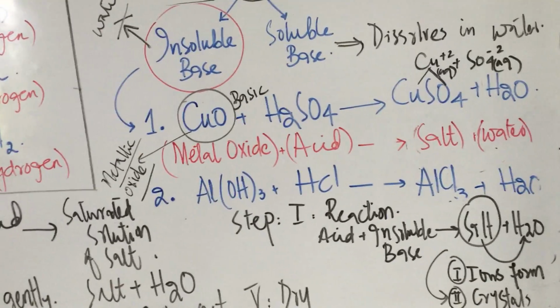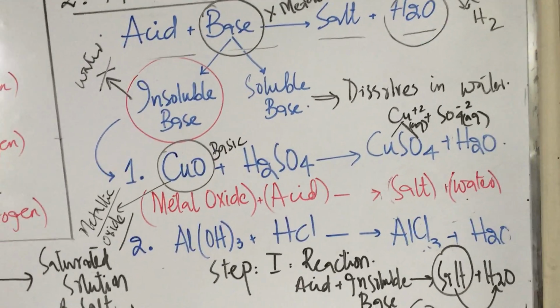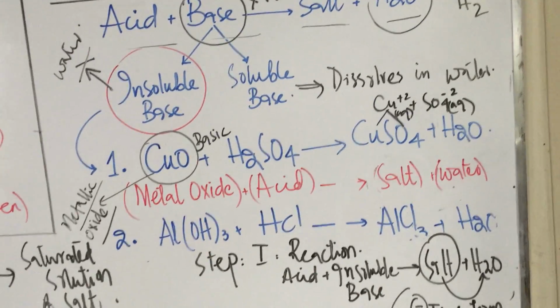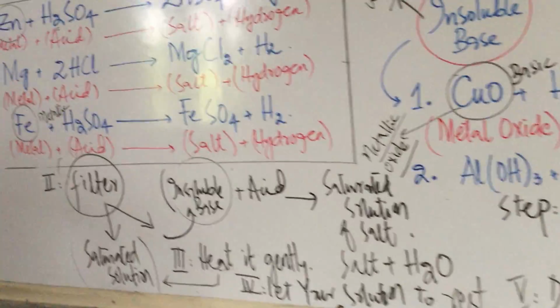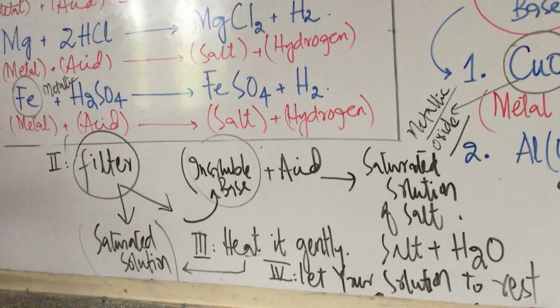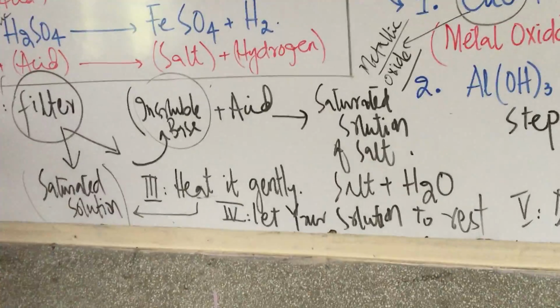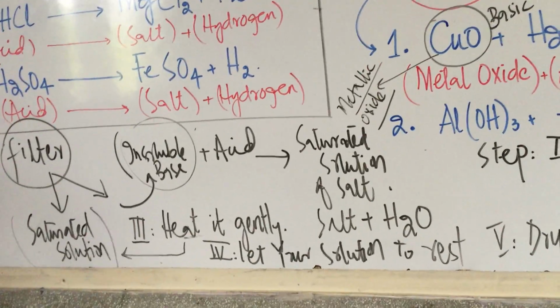The second step: once you're done with your reaction, if there are remaining insoluble bases, you have to remove them out. That is the filtration technique. Once you get your saturated solution, you have to heat it in order to evaporate the water.